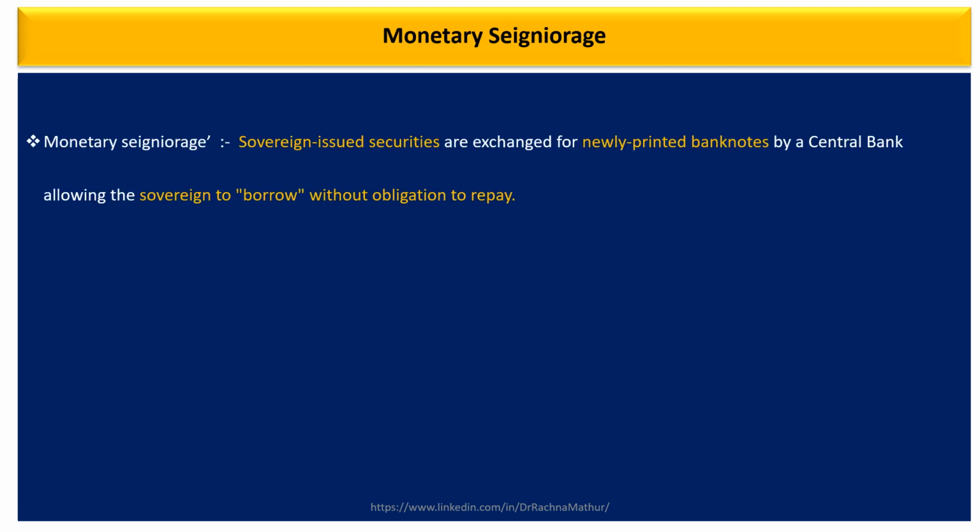Another important word here is monetary seigniorage, which is the same as seigniorage, where the sovereign issued security, that means government issued security, are exchanged for newly printed bank notes by the central bank of the country, allowing the government to borrow without obligation to repay.